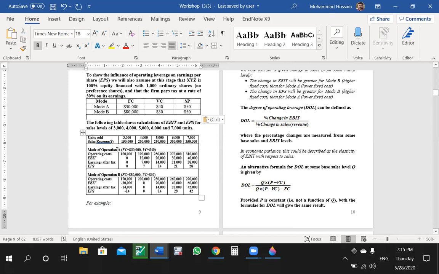So they mentioned it here actually. Fixed cost is 30,000, variable cost is 40 per unit, and price is 50.